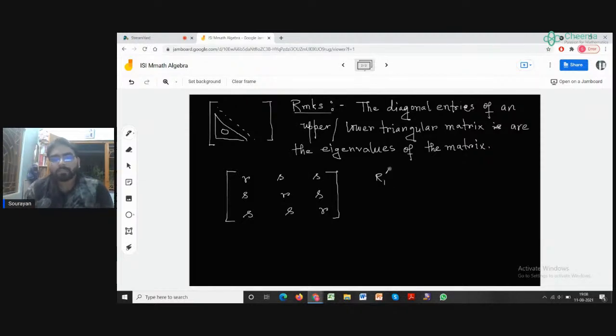My new modified row 1, if I take R1 plus R2 plus R3, then the matrix becomes R plus 2S, R plus 2S, R plus 2S. The other rows remain the same.